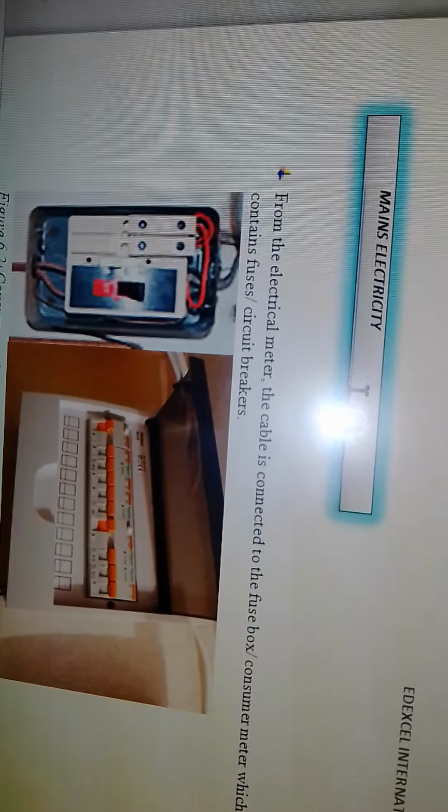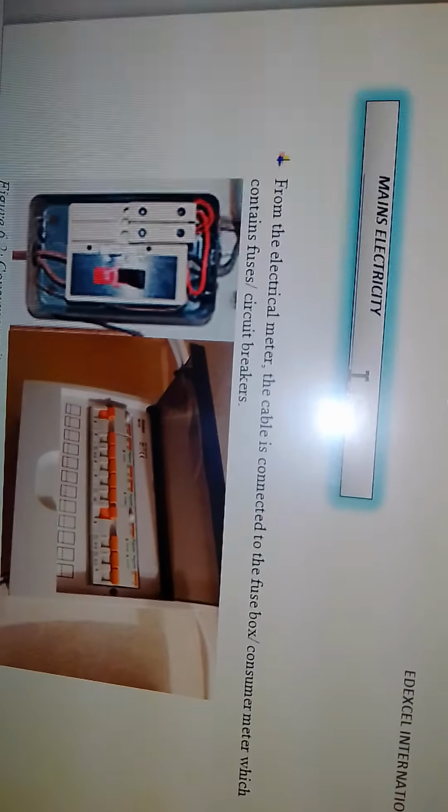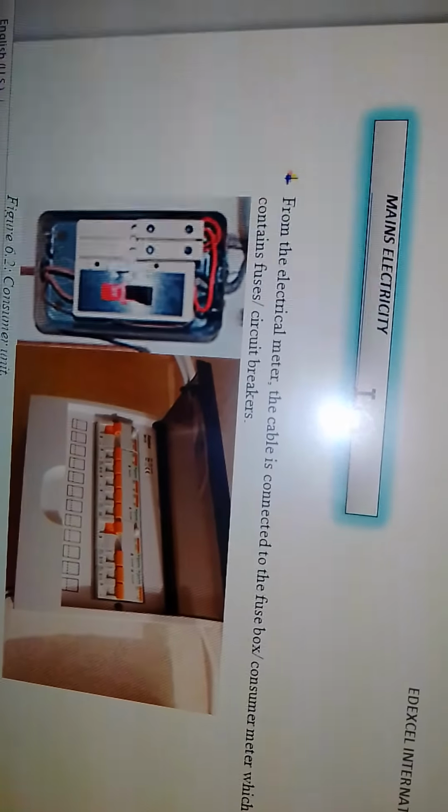And let's move forward. From the electrical meter, the cable is connected to the fuse box or consumer meter, which contains fuses or circuit breakers. Circuit breakers and fuses are safety devices which shut off the electricity in a circuit if the current in them is excessive.